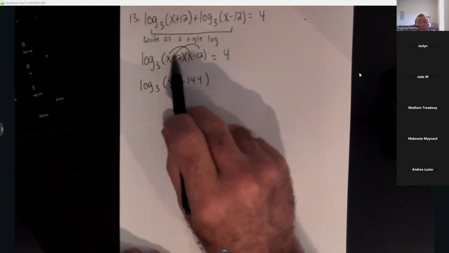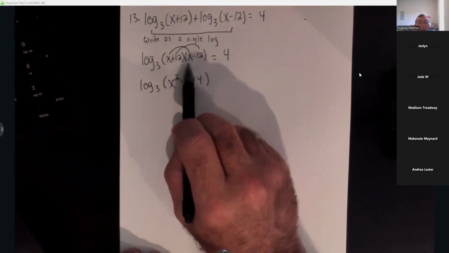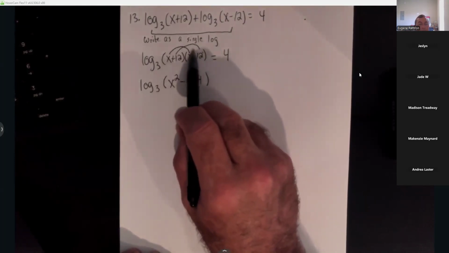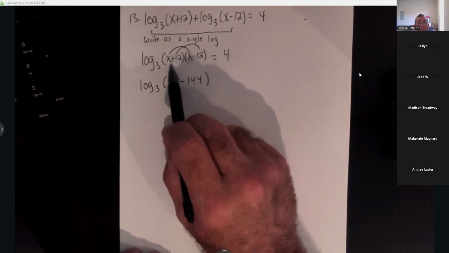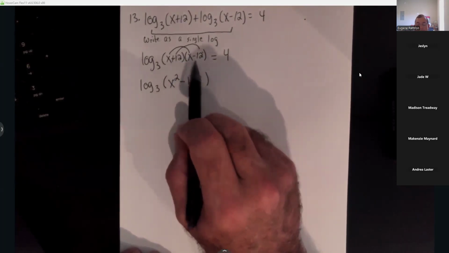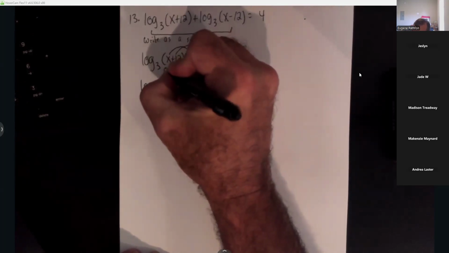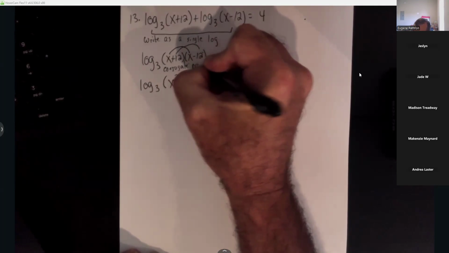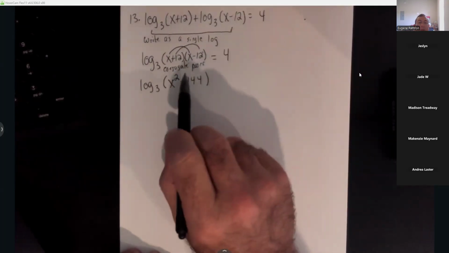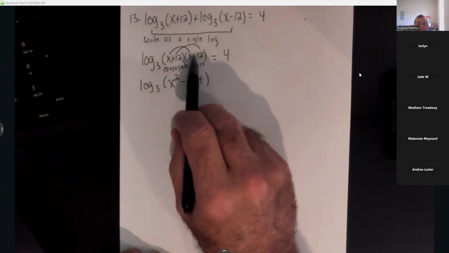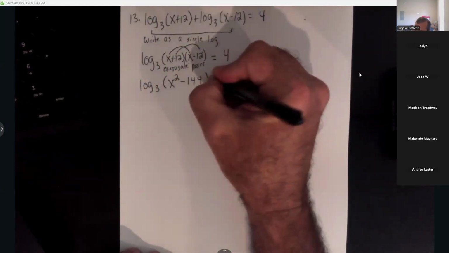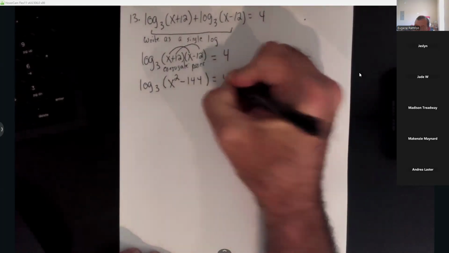You don't have to FOIL it all out because this 12x on the inside will cancel with that negative 12x on the outside. So when you got conjugate pairs, you can do the first two and then the last two, okay? All this is going to equal that 4.